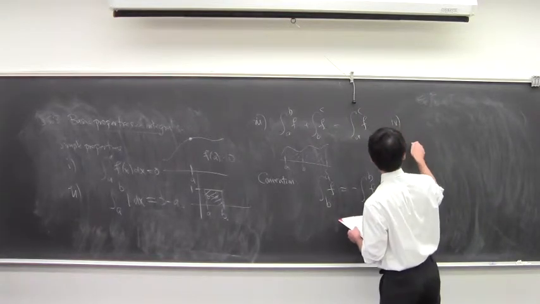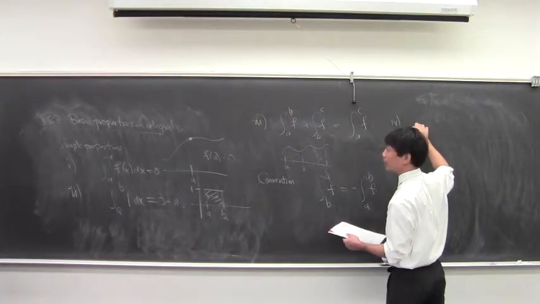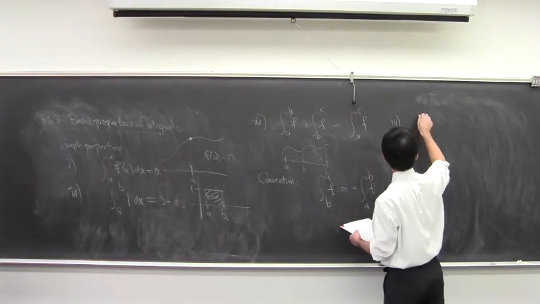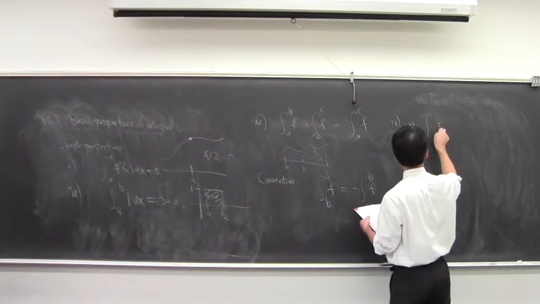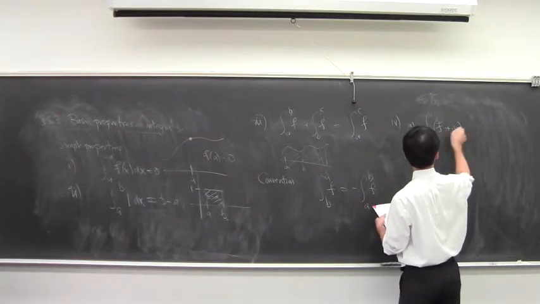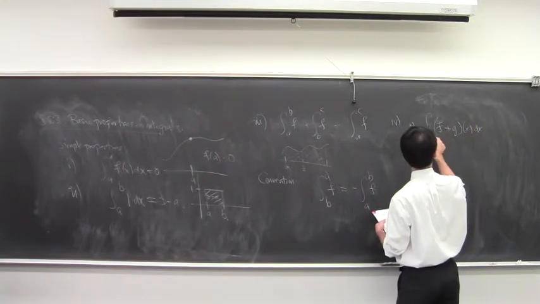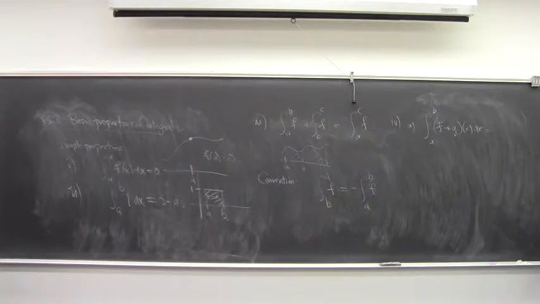The fourth property has 2 parts to it and is probably the most important of these. So the first part is this, that the integral of f plus g, the definite integral of a sum, is going to be, what do you think?